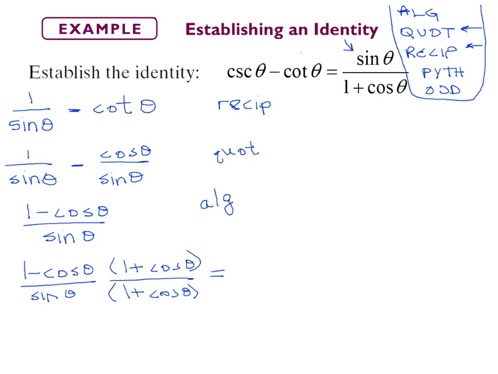And we get, so what's 1 minus cosine theta times 1 plus cosine theta? It's just the difference of squares, right? So this becomes 1 minus cosine squared theta over, and don't combine things right away. Keep everything factored as much as possible until you need it to be multiplied. So is everybody with me so far?